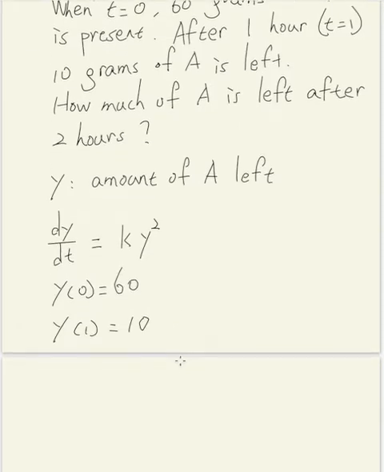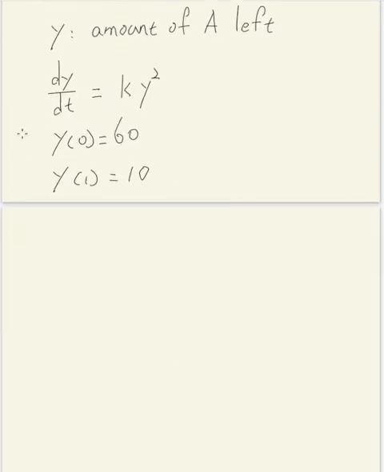All right, let's solve this. dy/dt equals k times y squared. Now this is a separable equation, so we don't need to do the integrating factor and all that. We just do it the old-fashioned way. 1 over y squared times dy/dt equals k. So we integrate both sides with respect to t.